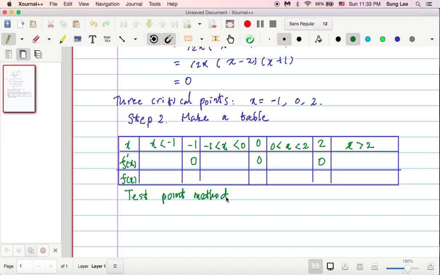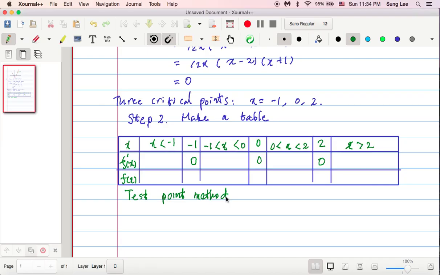I believe that you have heard of the test point method sometime in the past, especially when you were studying algebra, more specifically when you were solving polynomial inequalities.